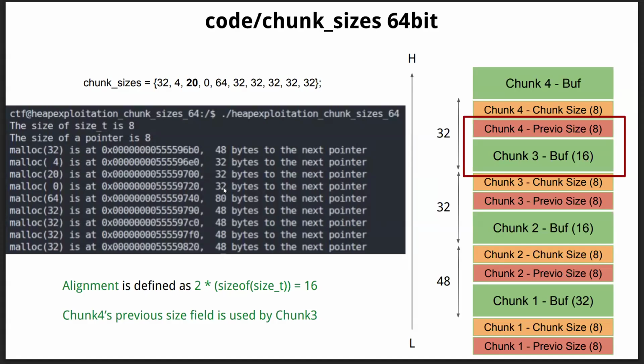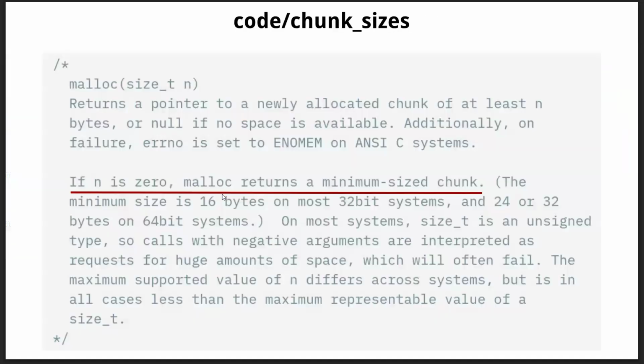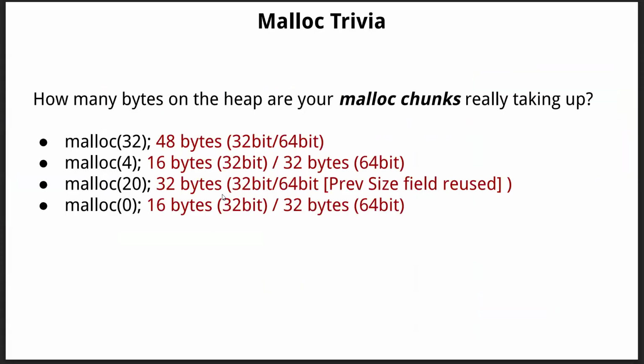It's 32 bytes to the next pointer, and the metadata is 16 bytes, which means the minimum is 16 bytes. You ask for 0, malloc actually gives you 16 bytes. So this is a lot. The point here is the malloc chunk size is bigger than the buffer size, and not only because of the metadata, it could also be alignment.